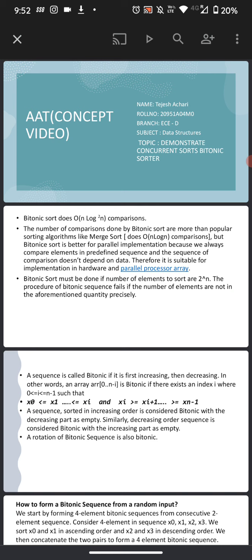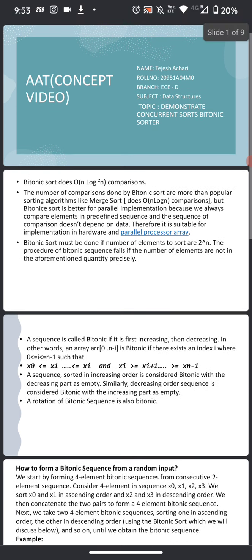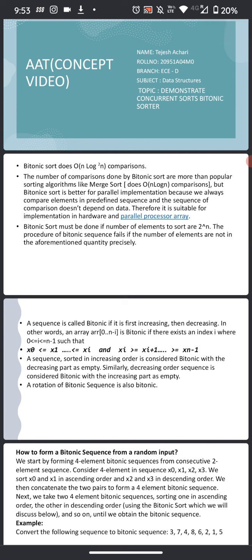And my topic is how to demonstrate concurrent sorts by bitonic sorter. Bitonic sort does n log square n comparisons. The number of comparisons done by bitonic sort is more than popular sorting algorithms like merge sort, which does n log n comparisons.